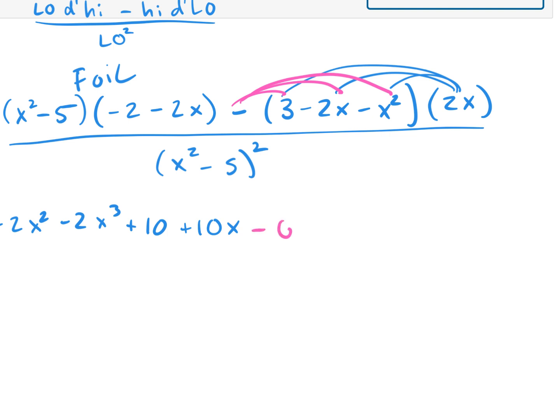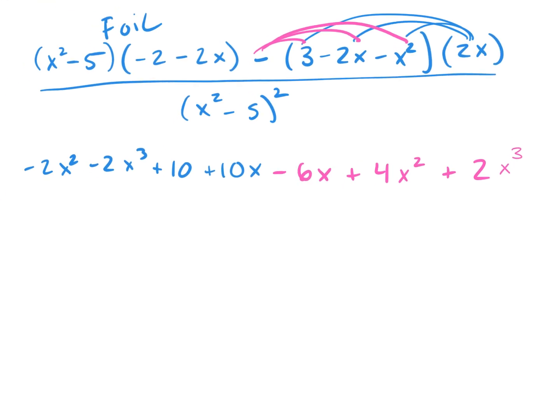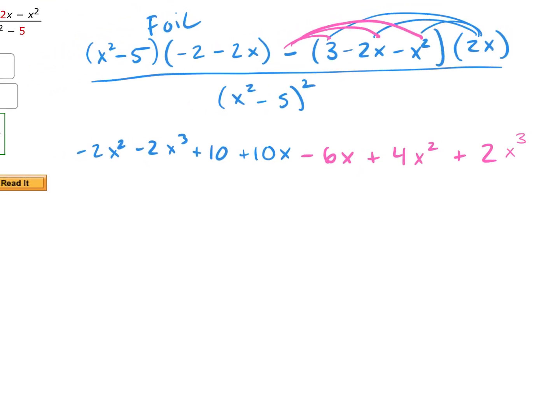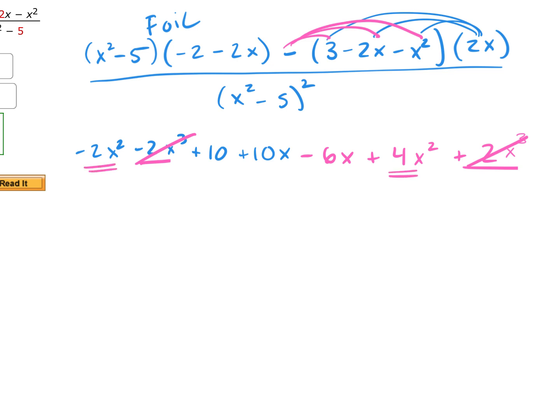We get negative 6x plus 4x squared plus 2x cubed. I'm going to combine my like terms next. So starting with my x cubes, those cancel. And then x squareds, we get 2x squared.